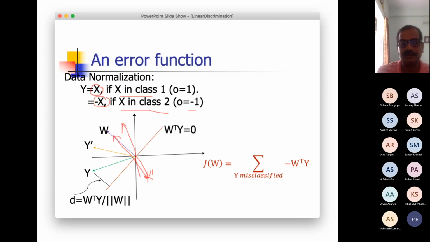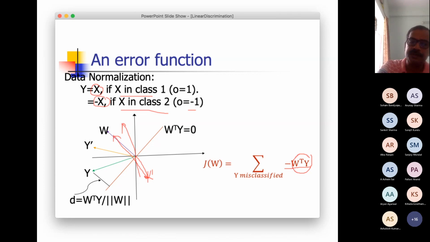So you can very simply define the error in this way. If I consider the scalar product of the weight vector and the sample, and it is an error, then it would be negative. So just take the negative of that, which means make it positive.